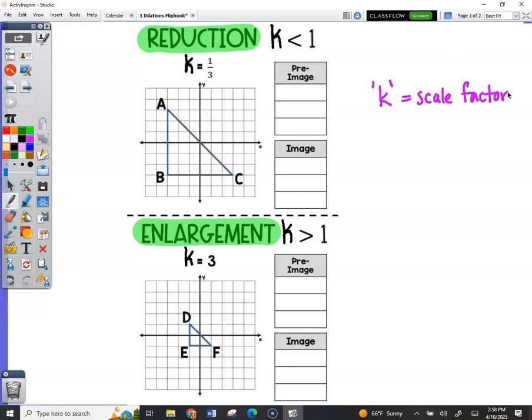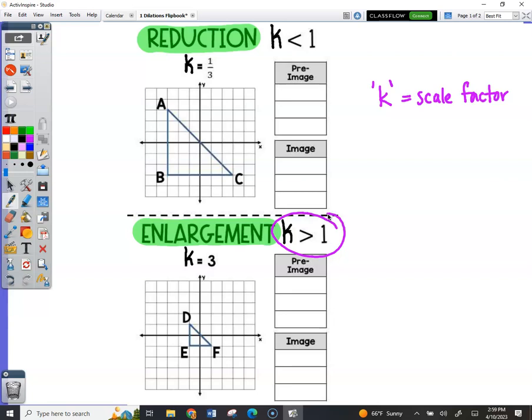The number that the scale factor is dictates what type of dilation you have. If the number is smaller than 1, then clearly it's shrinking. It's a reduction. If the scale factor is bigger than 1, then it's getting bigger, right?